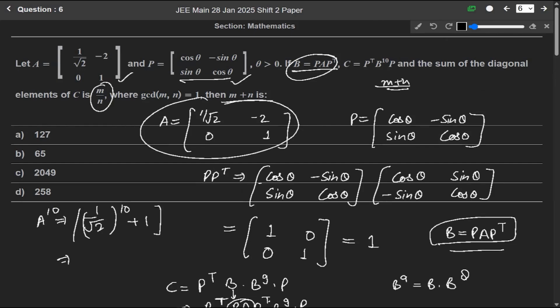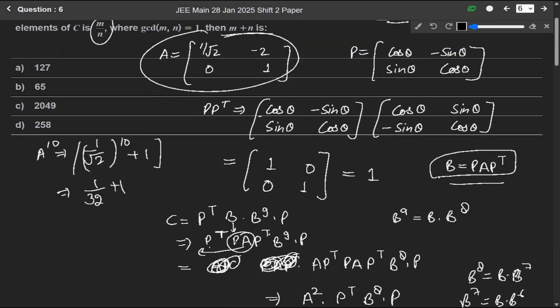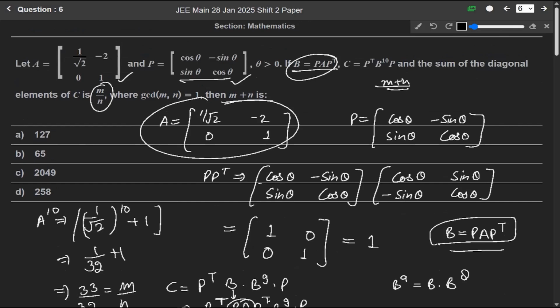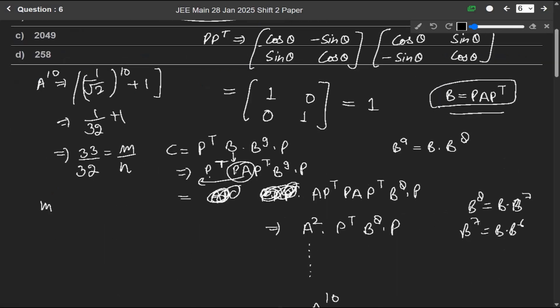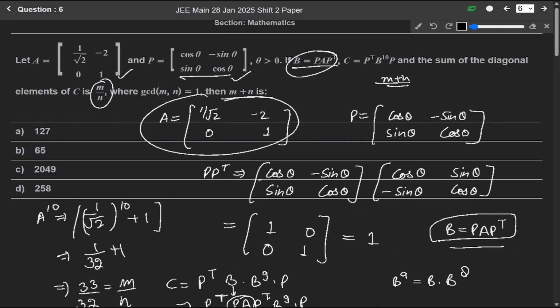So it will be 1 over 32 plus 1, which is 33 over 32. So it will be equal to m over n. So we have to find the value of m plus n. So m plus n will be 33 plus 32, which is 65. So our answer is 65, which means option B is the correct answer.